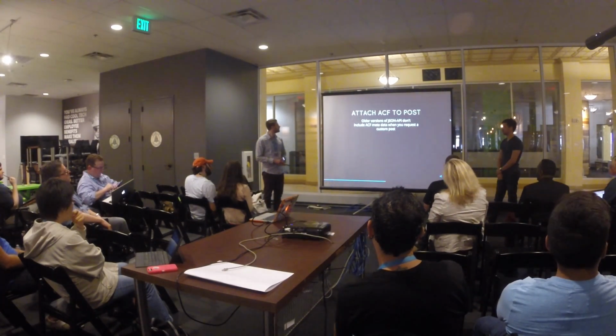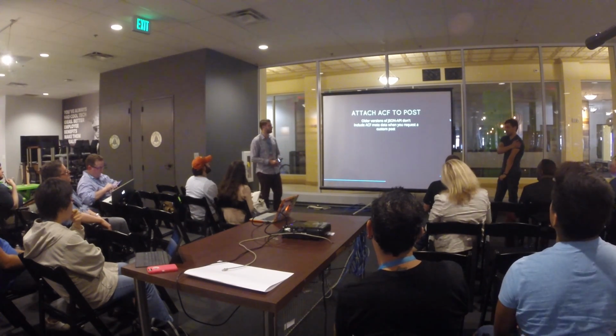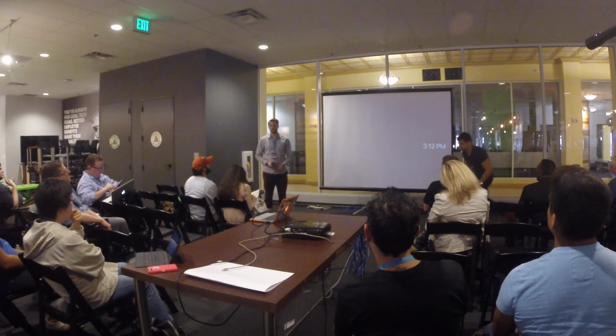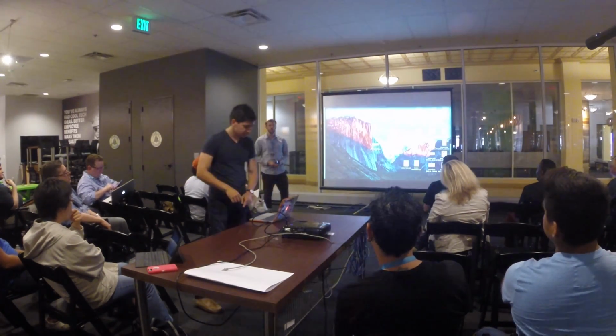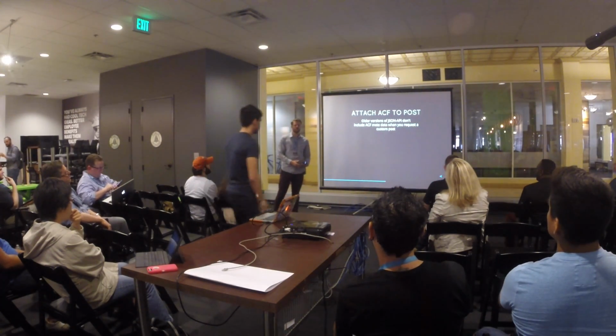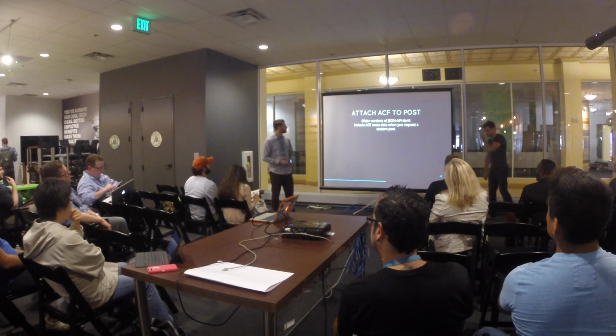So it's pretty handy. Then the only other step you have to do is attach the advanced custom field metadata to your custom post type thing. That way, when the JSON API requests a Patronus post type, it will know to attach those meta fields.